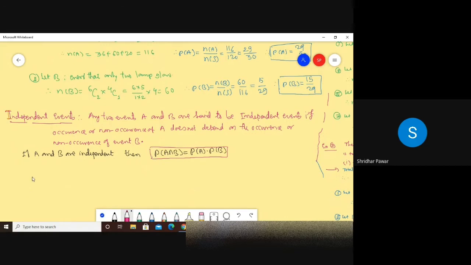Okay, now see a note which already you know.